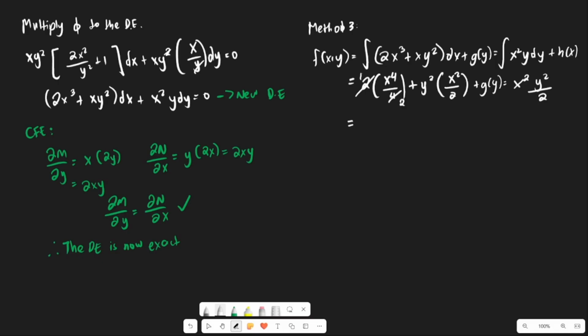So we'll have x raised to 4 over 2 plus x squared y squared over 2 plus g of y is equal to x squared y squared over 2, and sorry, we have a plus h of x here.